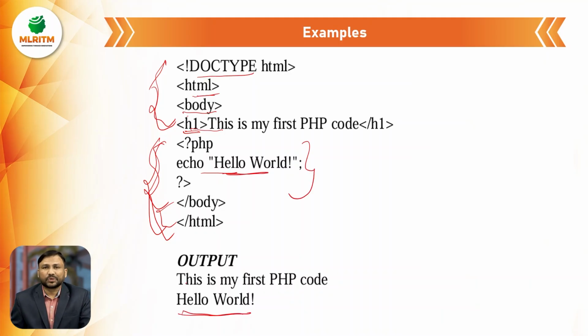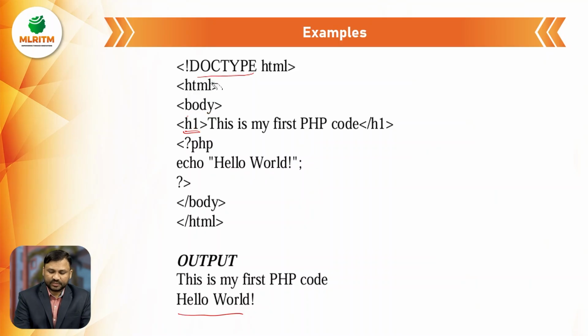In our output, if we want this line, like "This is my first PHP code", we write it before the PHP; if you are not writing this code before the PHP, then in the output we are going to see only the hello world. So we can say that a PHP program can be embedded inside the HTML programs. That is the syntax and example of the PHP.